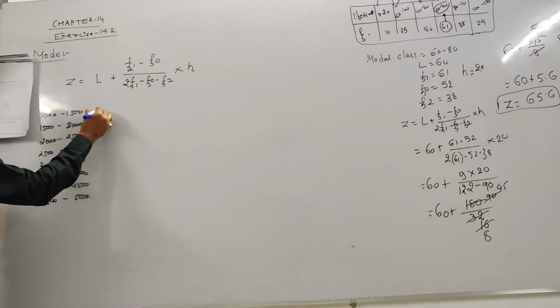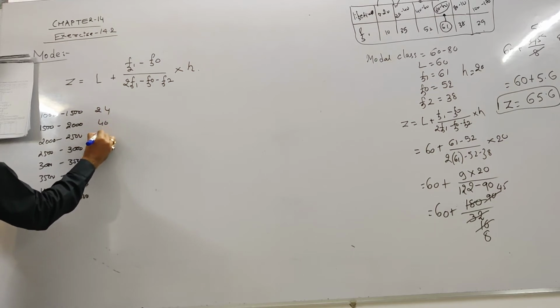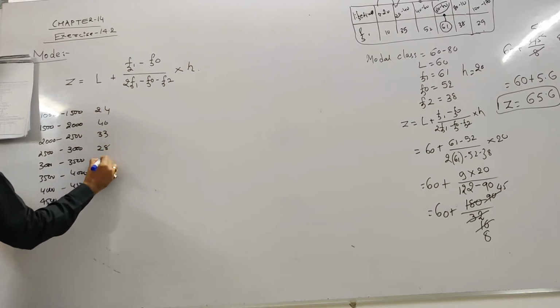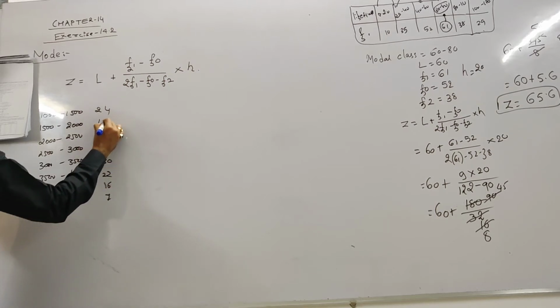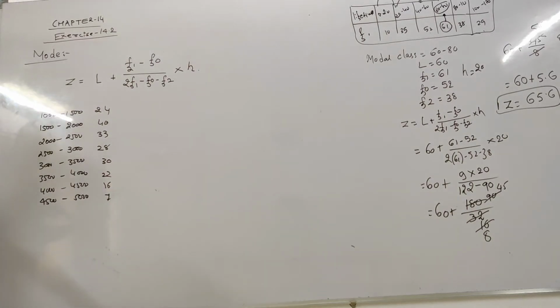Well, the frequencies are also given to you: 24, 40, 33, 28, 30, 22, 16 and 7. Now the question is find out the mode of a data.